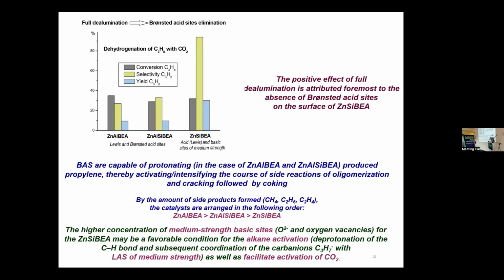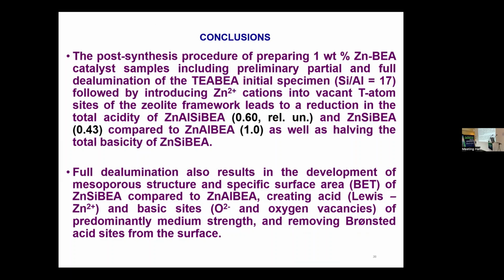So we can say in conclusion that the post-synthesis procedure of preparing 1% Zn-beta zeolite, including preliminary, partial, and full delamination of the parent beta zeolite, followed by introduction of Zn cation into the vacancy site of the zeolite, leads to reduction of the total acidity and reduction of the total basicity.